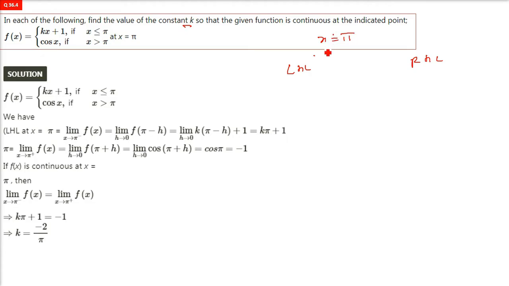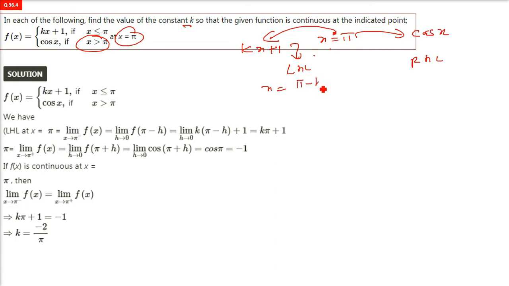The point of continuity check is x equals pi. So when you go a bit backwards, you have to use kx plus 1 because it is x less than pi. When it is x greater than pi, then you will use cos x.